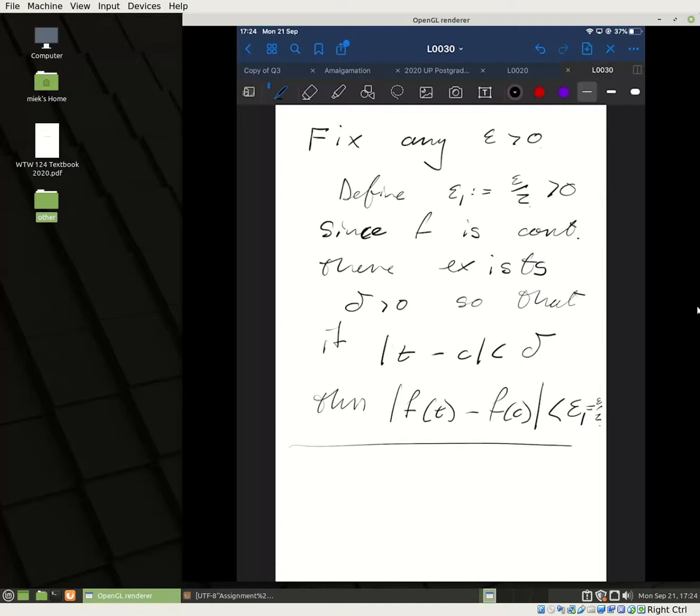So here we have used the assumption that little f is continuous.